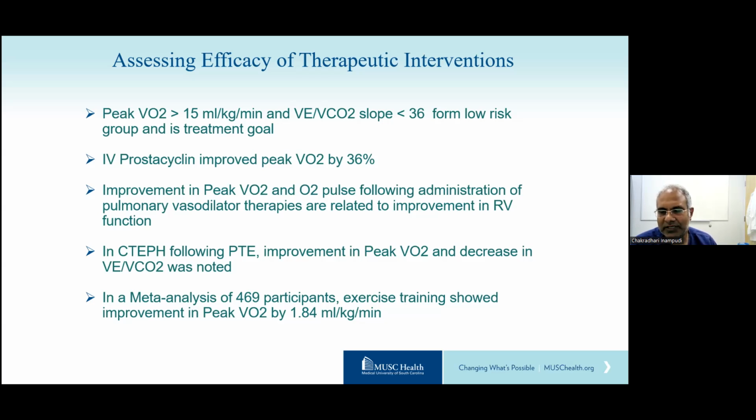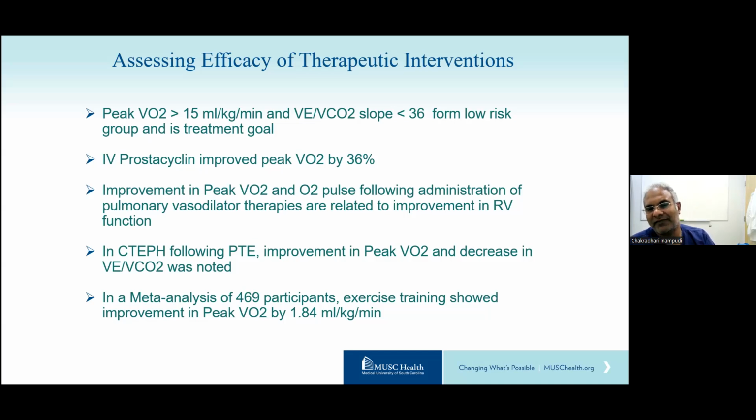As we reviewed before, in patients who have pulmonary arterial hypertension, the increased mean PA pressure and the pulmonary arterial obstruction lead to decreased pulmonary capillary bed recruitment. This leads to increased afterload during exercise, and the increased afterload leads to a decrease in peak VO2 and the cardiac output. In CTEPH patients following PTE, there's also improvement in the peak VO2 and a decrease in the VE/VCO2 ratio.